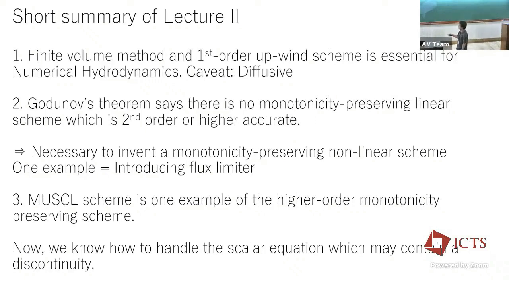One example is introducing the flux limiter to make the flux nonlinear. And the MUSCL scheme is one example. This is not the unique solution, just one example of a high order monotonicity preserving scheme.